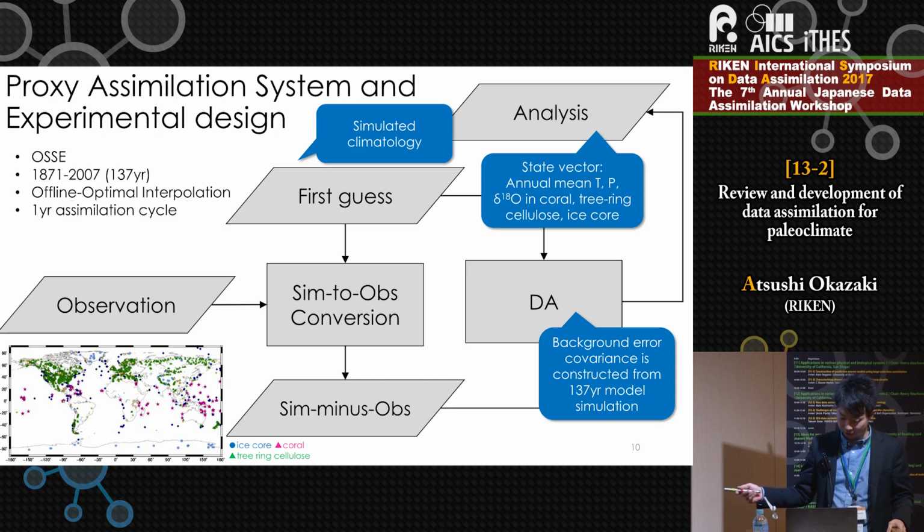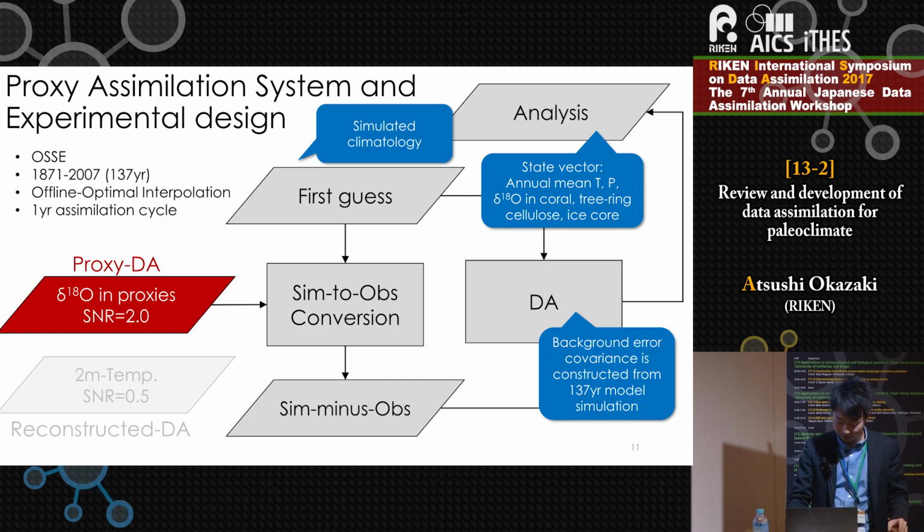And the observations are plotted here. This map includes 1,000 observation points, but as I said, I only assimilate isotopic data. The number of observations is decreased to 100 per year. And then we did two experiments.